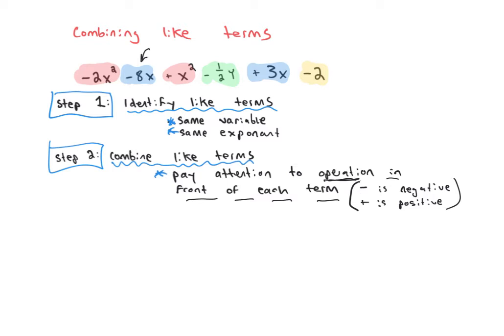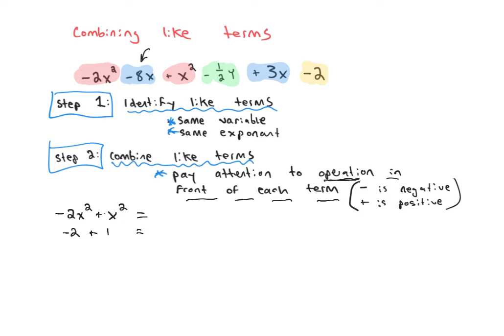So I'm going to start with my x squareds. I have negative 2x squared plus 1x squared. And all I have to do here is combine the coefficients. So the coefficients here are negative 2 plus 1.